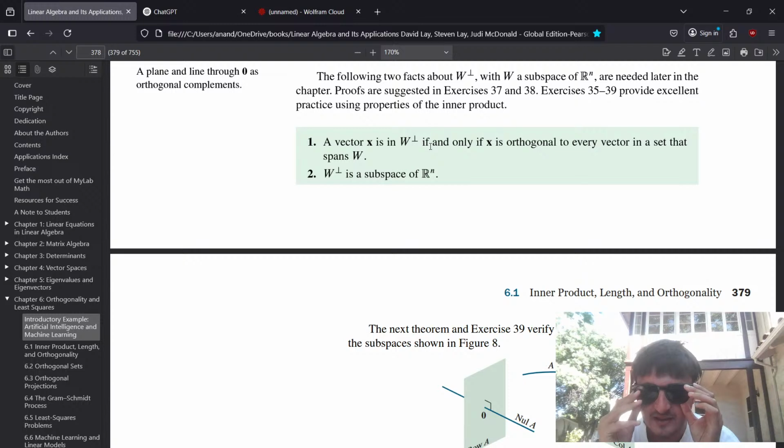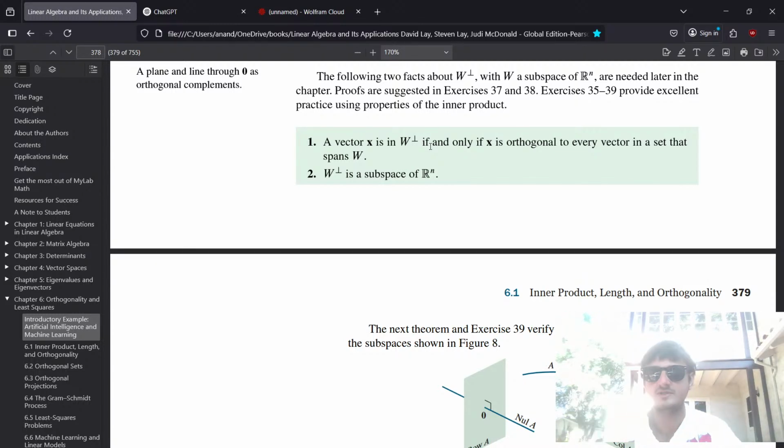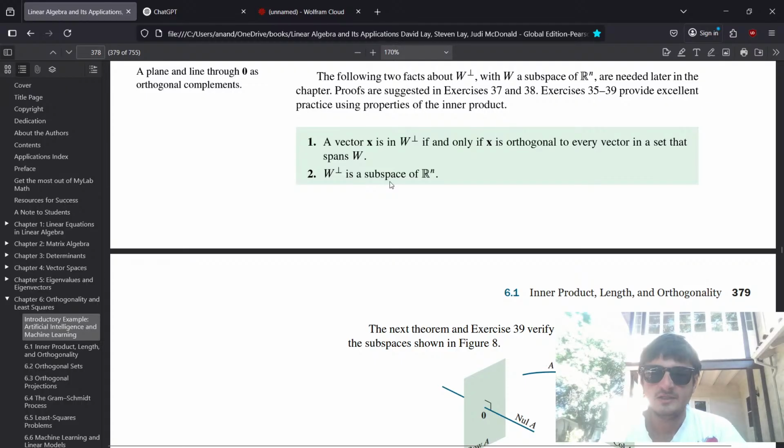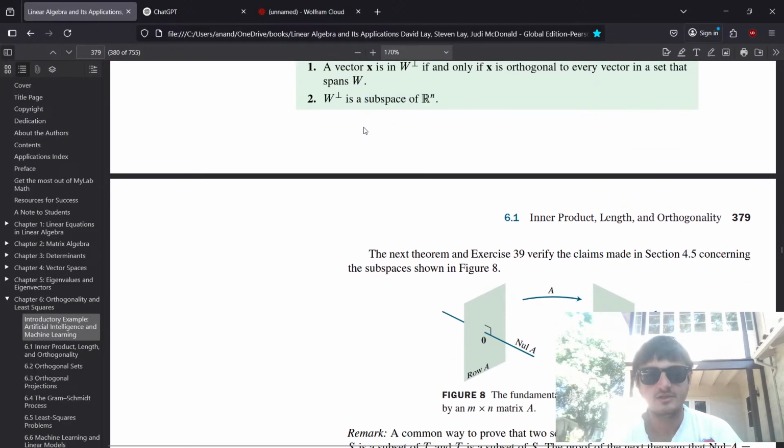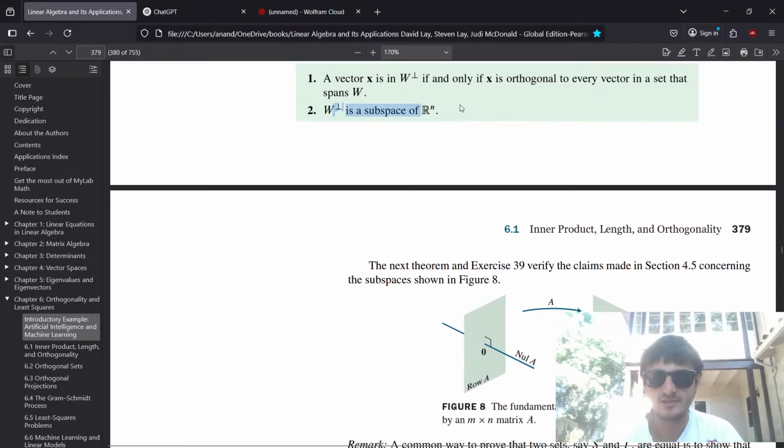Why not just say it's orthogonal to every vector in the basis? Maybe this is somewhat more general, but whatever. W perp is a subspace.